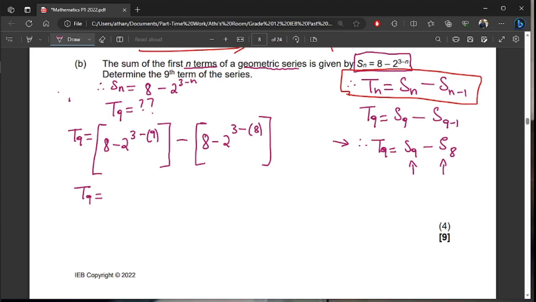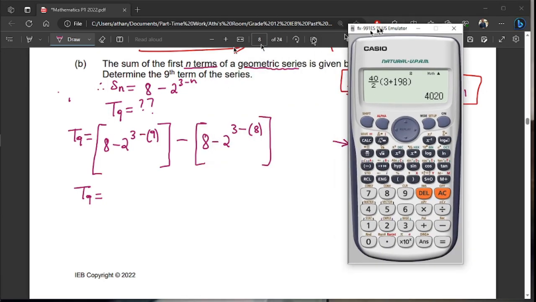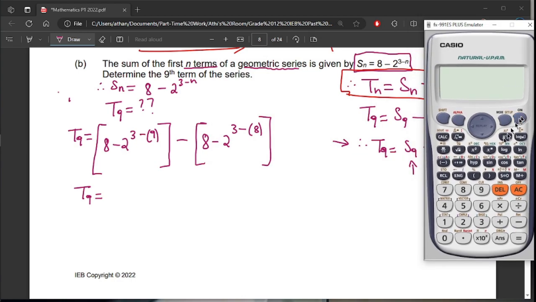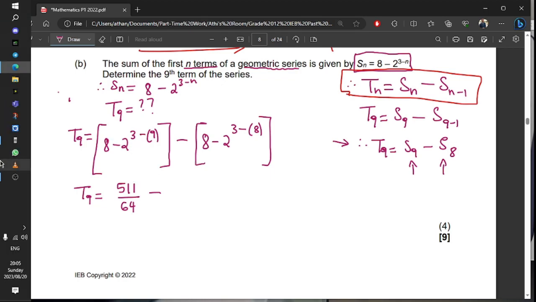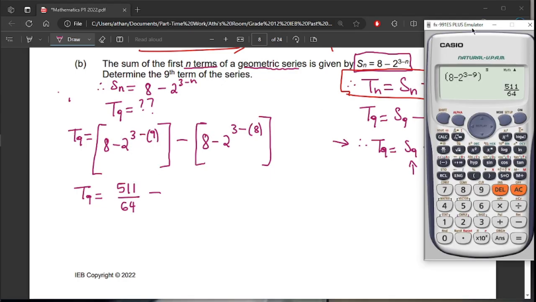So let me quickly put that in a calculator. Putting it in a calculator now, we have 511 over 64 minus the second part of the equation. So I'm just going to substitute there.